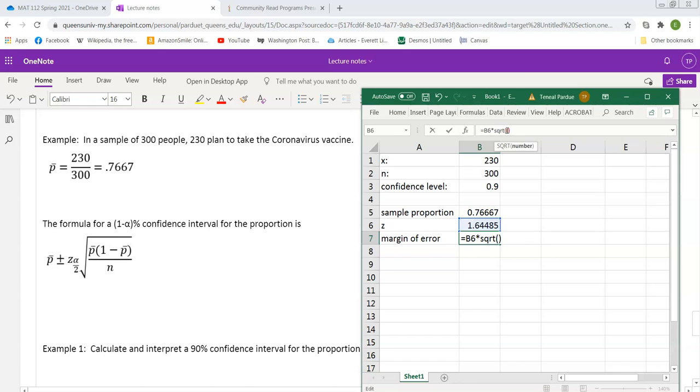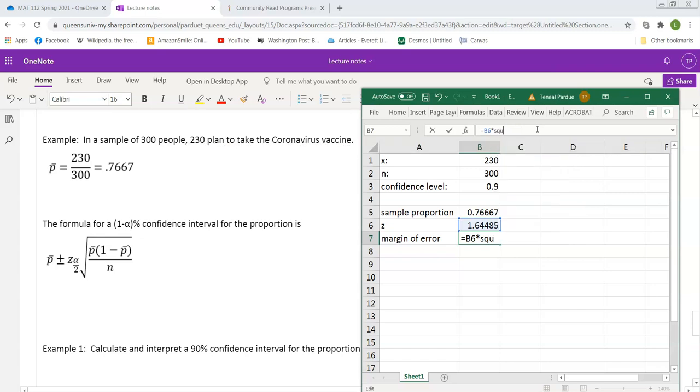So what's on the top, let's put inside these parentheses. That's going to be P times, oops, not P. We're going to refer to this cell, the sample proportion.